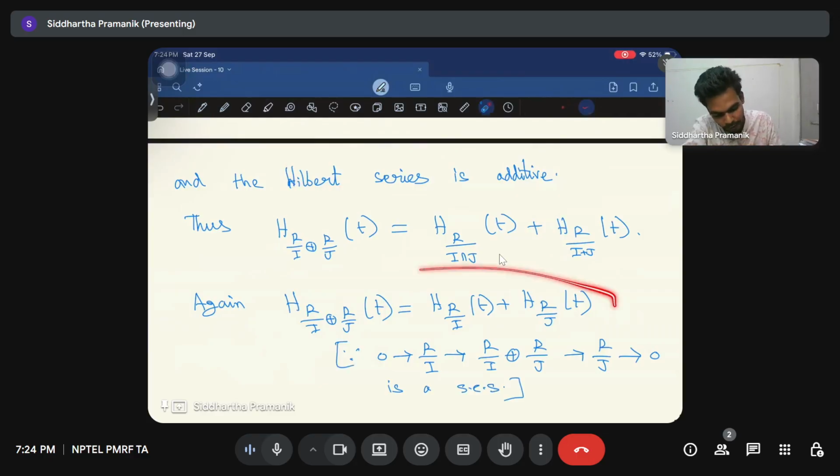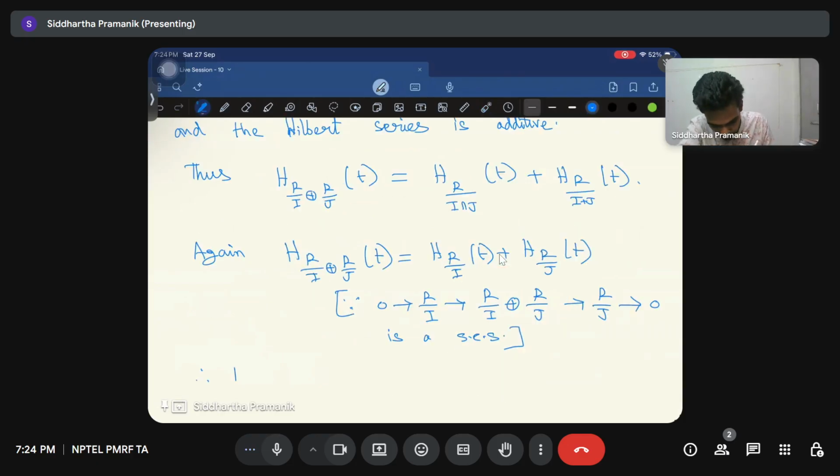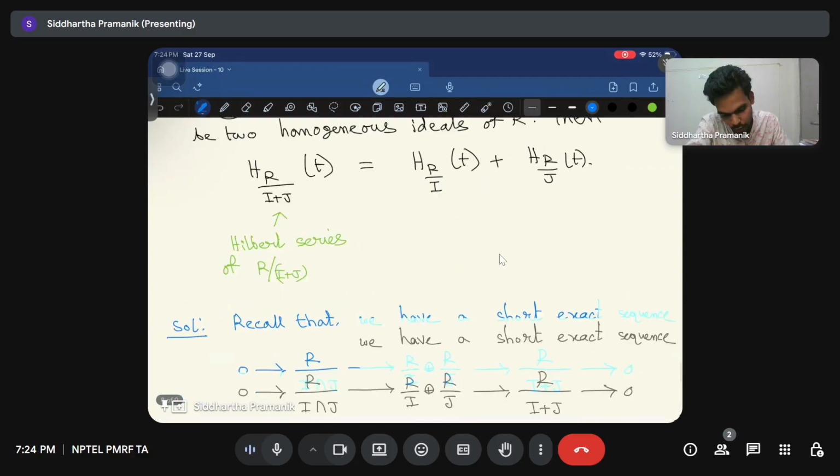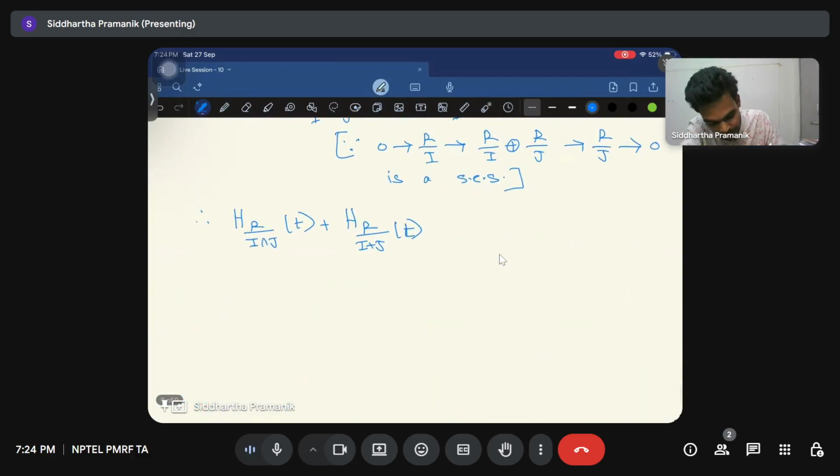If we combine this and this, we get the Hilbert series of R mod I intersection J of t plus the Hilbert series of R mod I plus J of t, which is the same as the Hilbert series of R mod I of t plus the Hilbert series of R mod J of t.